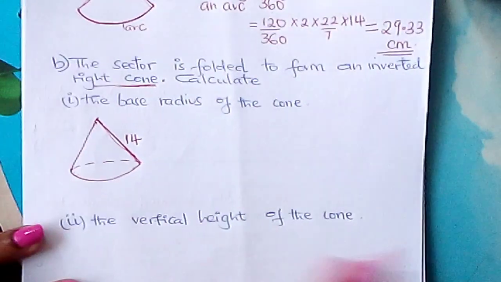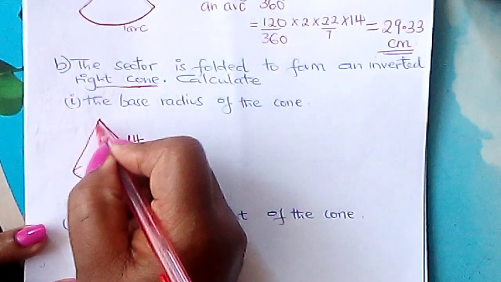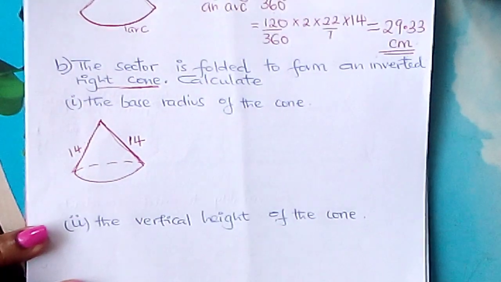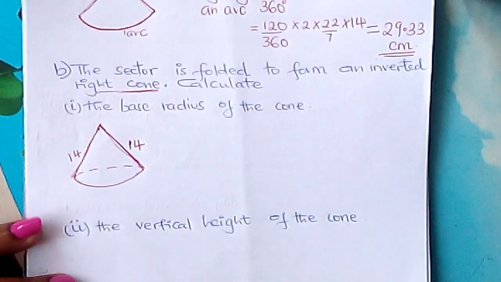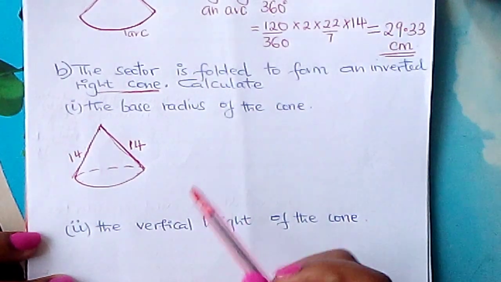So our radius becomes the slant height. Even this other side is also 14 centimeters. Good. From there, learner, that is our cone.